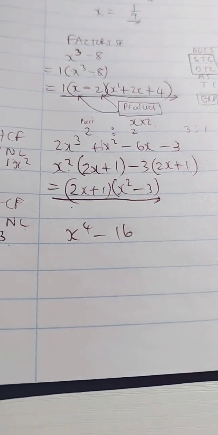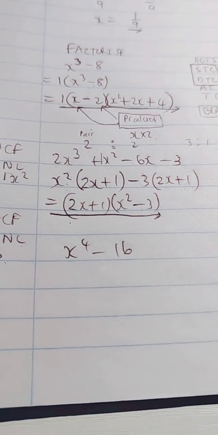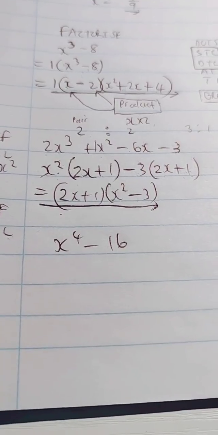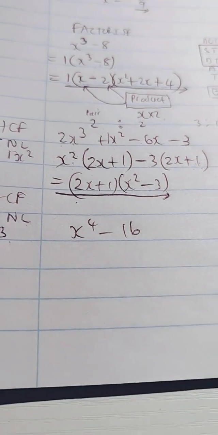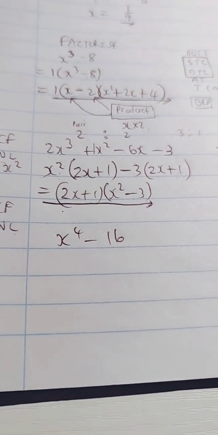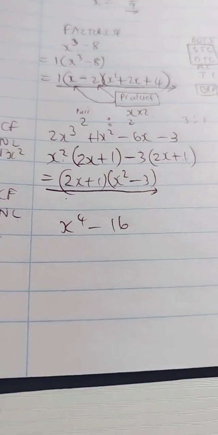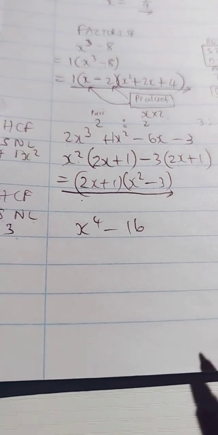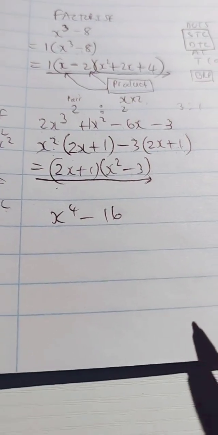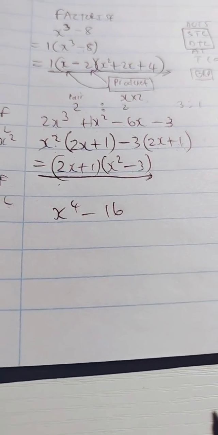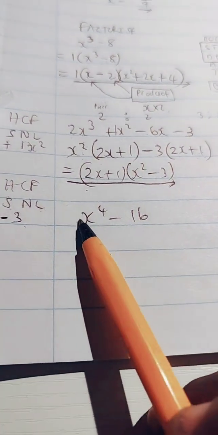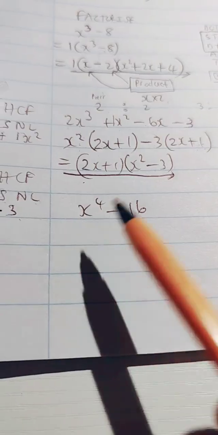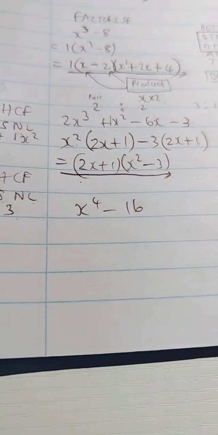Second question, is there a need to apply the sign change rule? You can see, guys, no need to apply the sign change rule here. Next question, is there a highest common factor? Because if there is, we take it out. If there isn't, we proceed further. Sign: yes, positive, because the first term is positive. Number: 1.